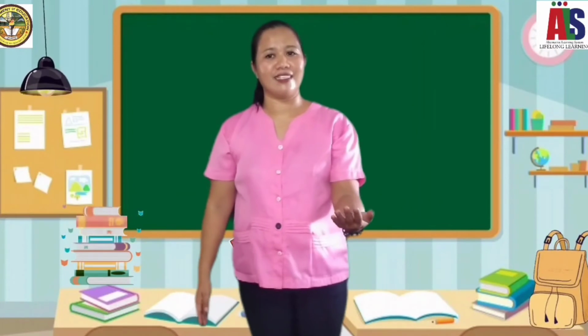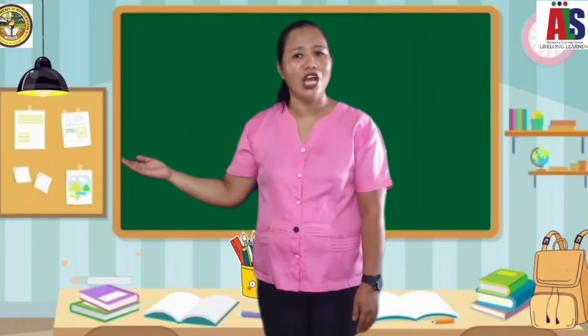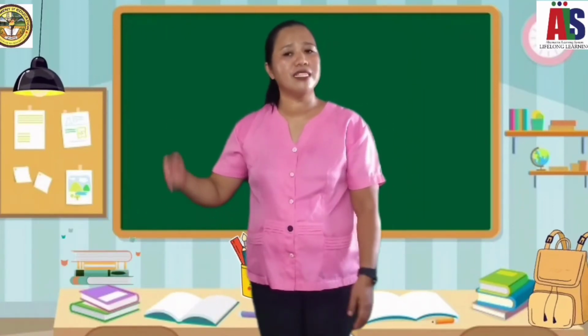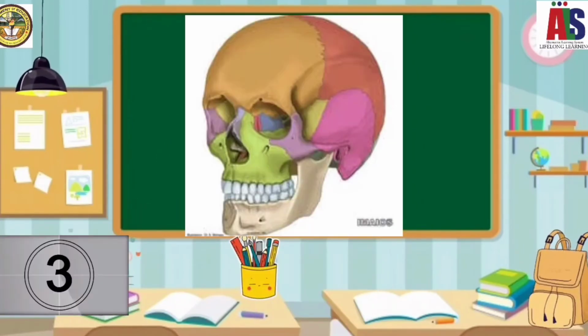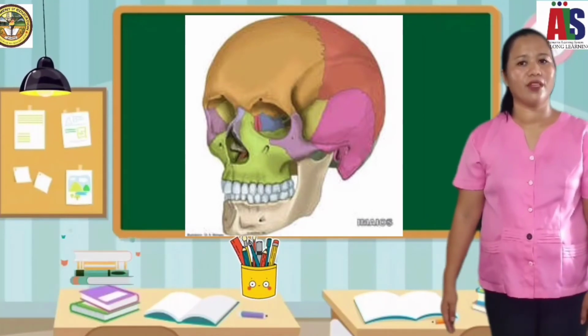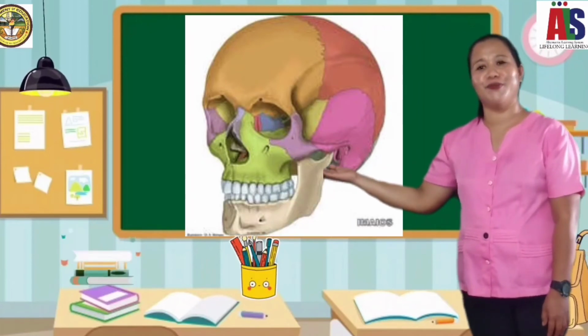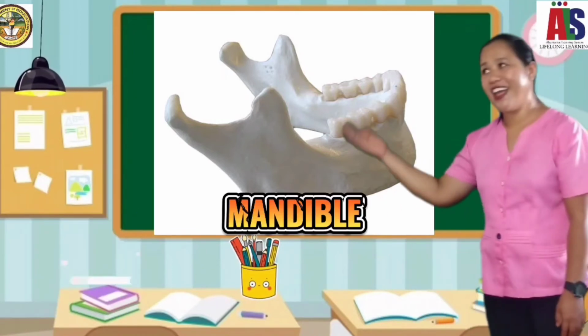Now class, I will show you a picture. Then, you will have to give its name. You have 3 seconds to name the parts of the skeletal system. Very good! This is the cranium. Correct!